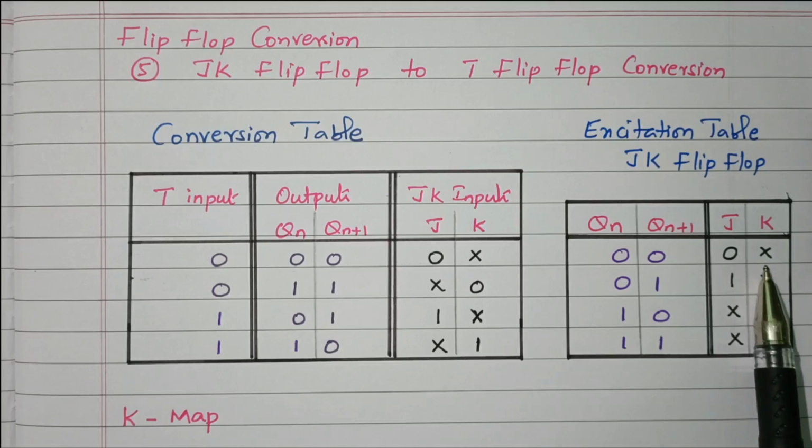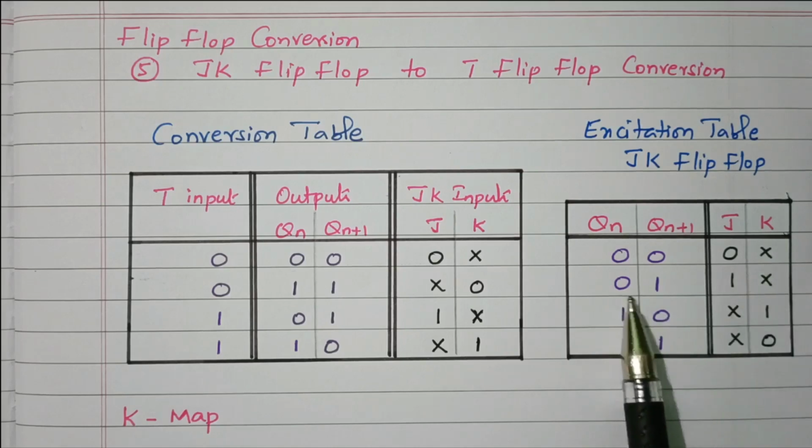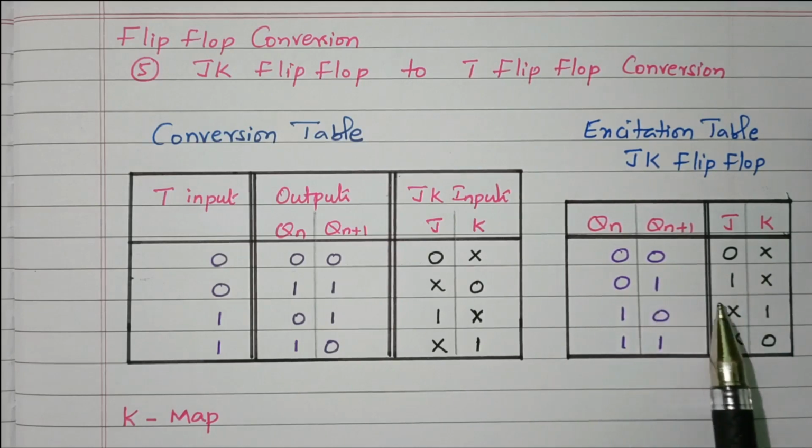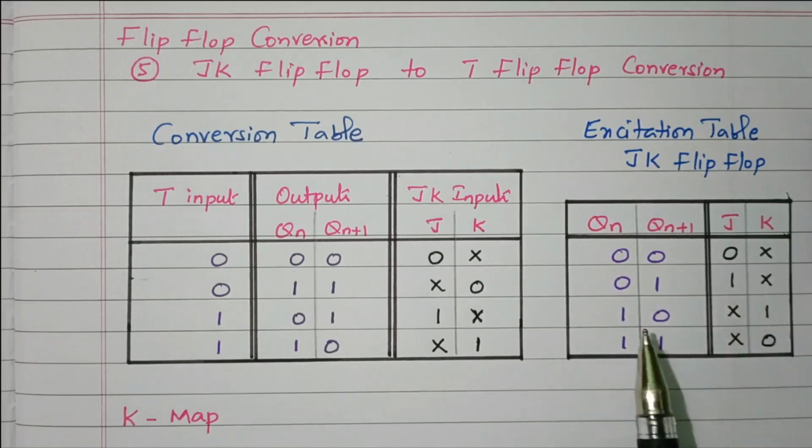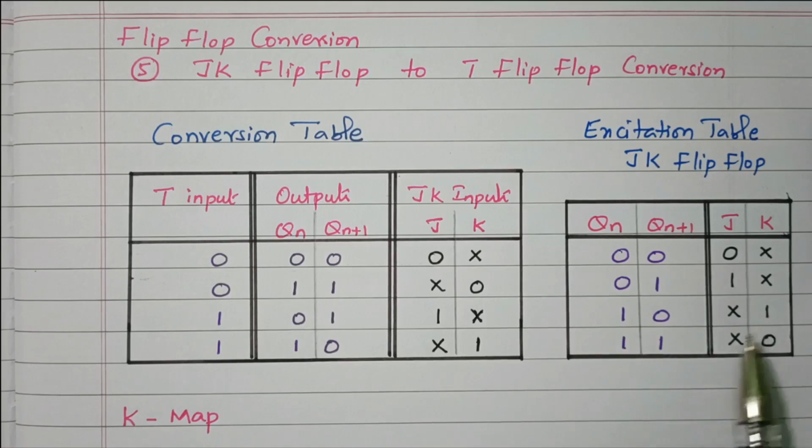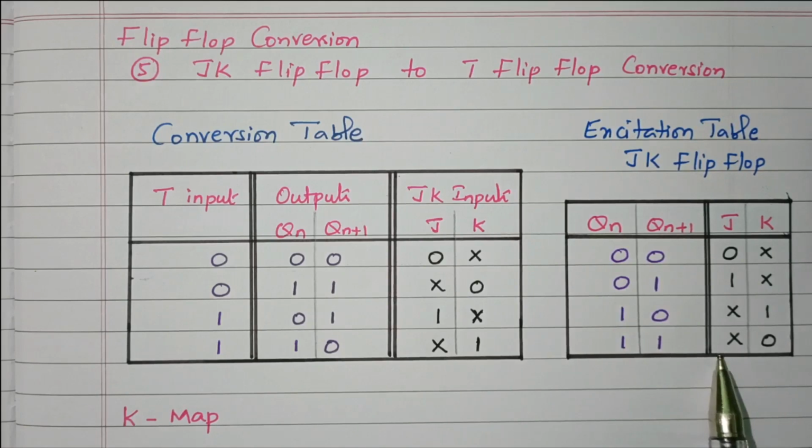X means either 0 or 1. For 0 1, present state is 0 and next state should be 1, so the input we need to give is 1x. 1 0 means x1. 1 1 means x0. So this is the excitation table of the JK flip-flop.